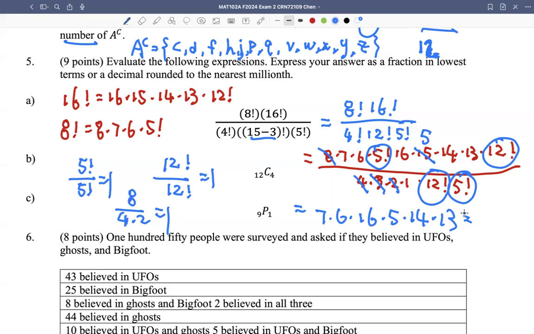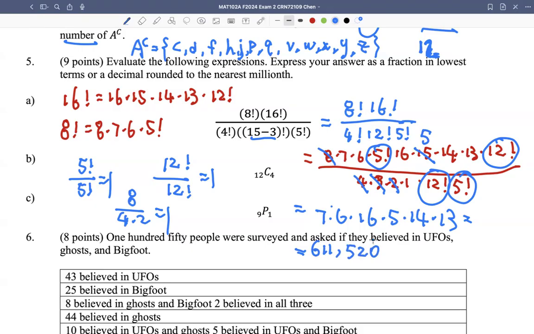I do 7 times 6, 42, right? Then multiply by 16 times 5 times 14 times 13. So I'm getting a huge number, which is 611,520.